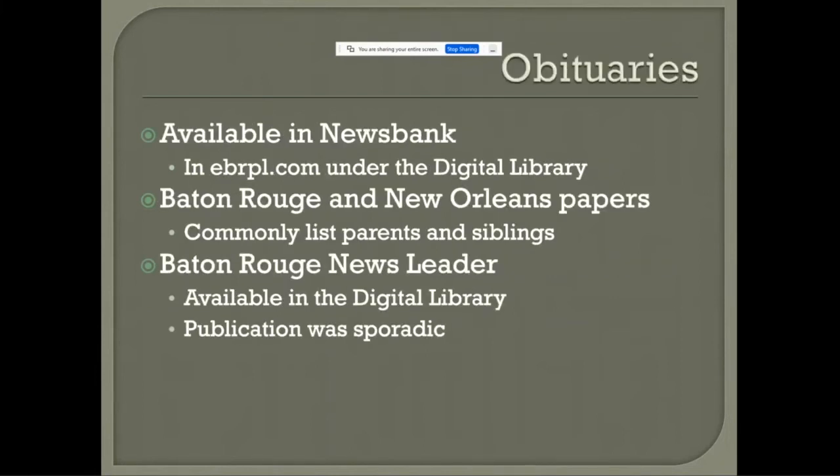So obituaries are available in Newsbank, which we have in the digital library. The Baton Rouge and New Orleans papers are fully searchable all the way back to the 1840s. And as I said, obituaries commonly list parents and siblings.